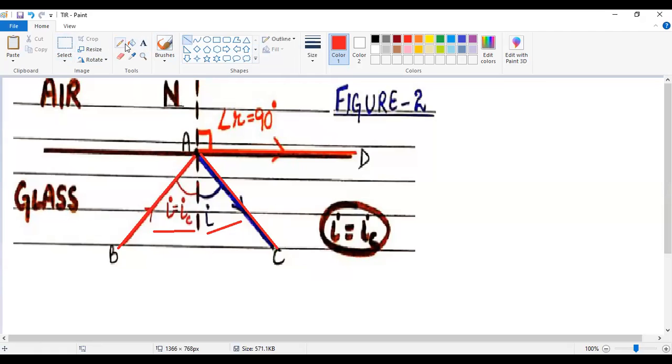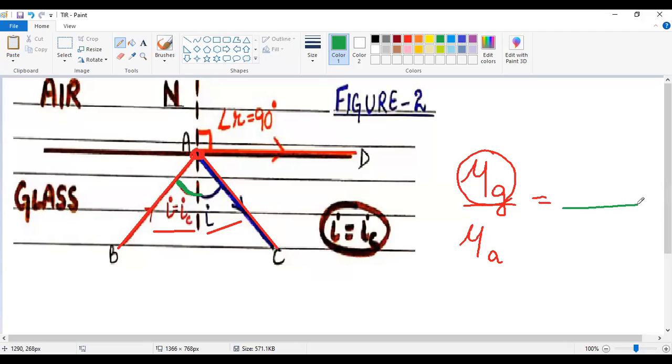Now see point A. In figure number 2, this is our point A. At point A, the refractive index of glass divided by the refractive index of air will be equal to, now students see, in glass, the angle made here at point A is angle of incidence, which is equal to critical angle.